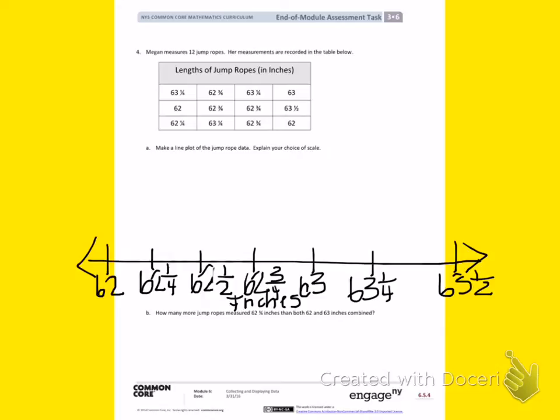So I have 63 and 1/4, that gets an X. 62 and 3/4 gets an X. 63 and 1/4 gets an X. 63 gets an X. And I'm continuing by just going through the graph and putting X's for each of the measurement lengths of the jump ropes.